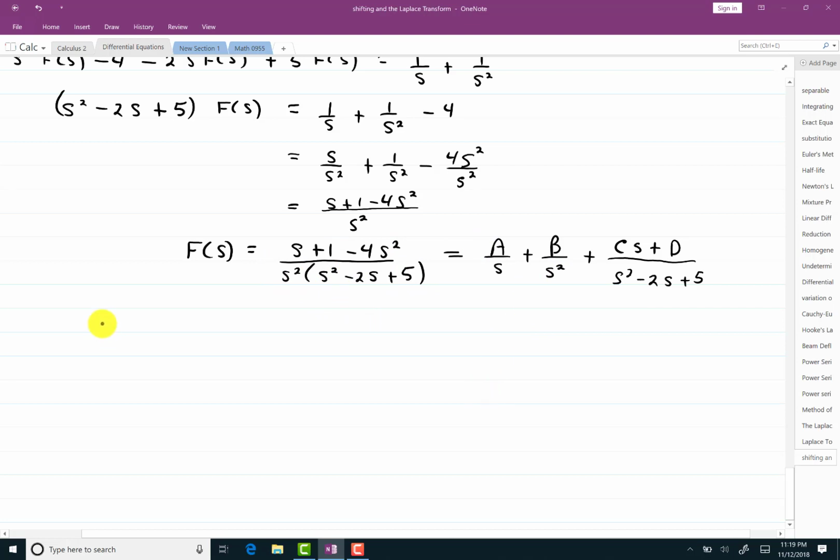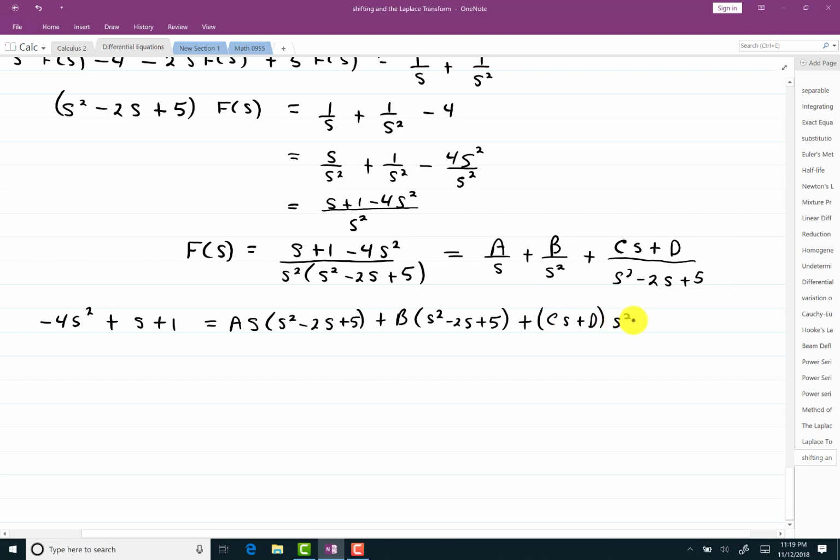And so what I'll get then, I'm going to rewrite this as negative 4s squared plus s plus 1. So I'm multiplying through by this denominator, and I'll have a times s squared minus 2s plus 5 plus b times s squared minus 2s plus 5 plus cs plus d times s squared.